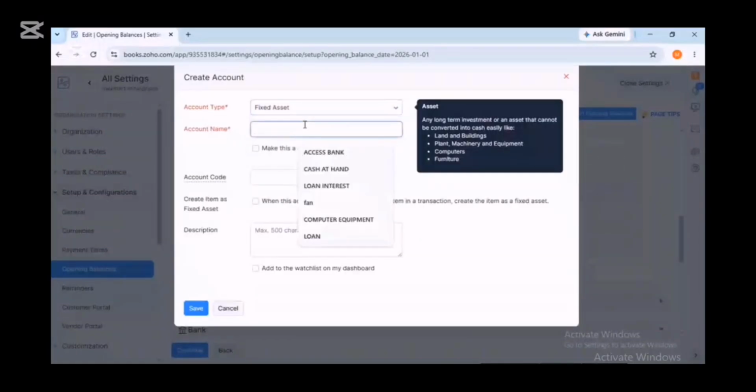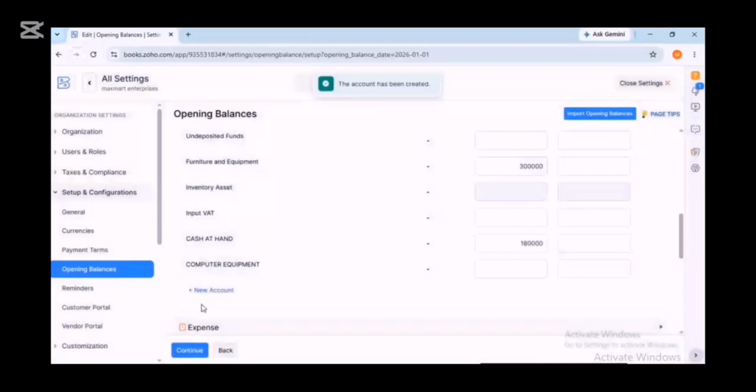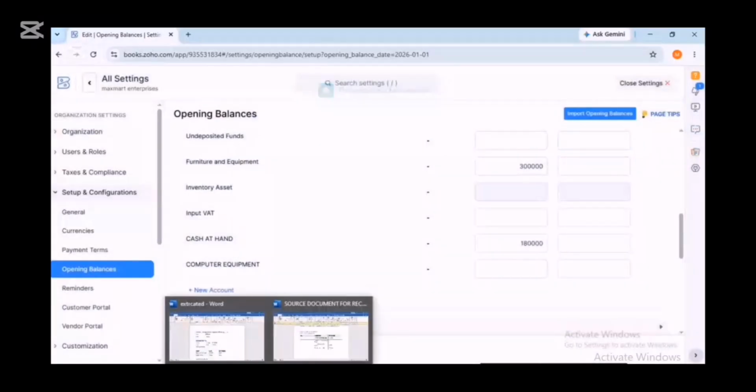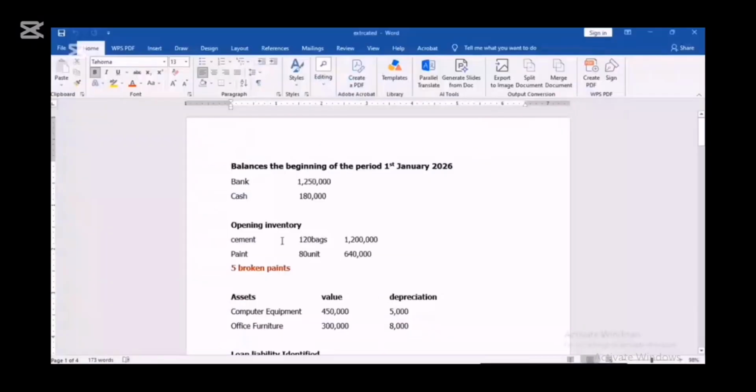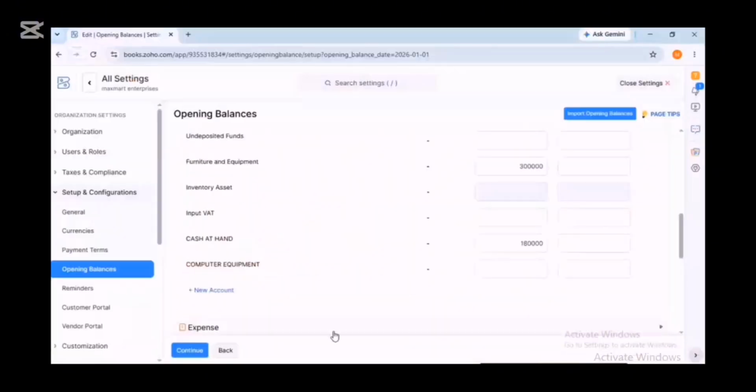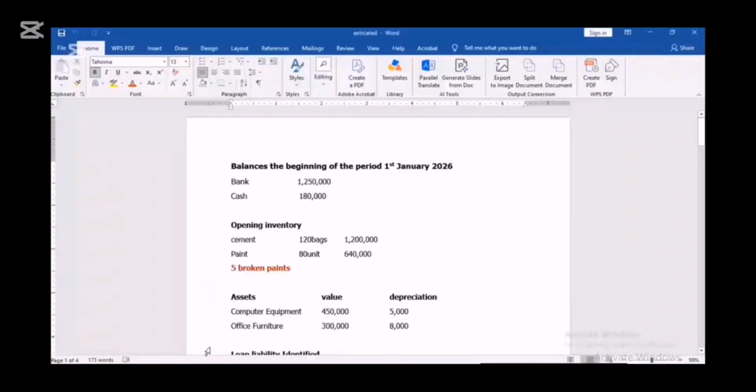Then computer equipment, as right up here, let's save. So next, let's input the amount 450,000. That's right. So we are done setting up the opening balances of our assets.